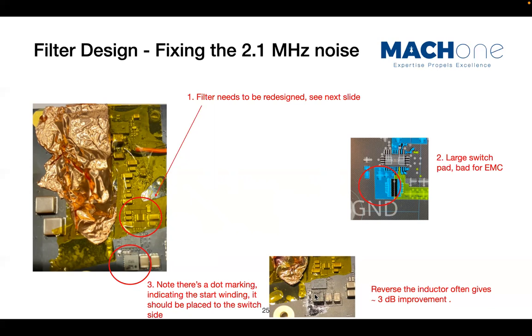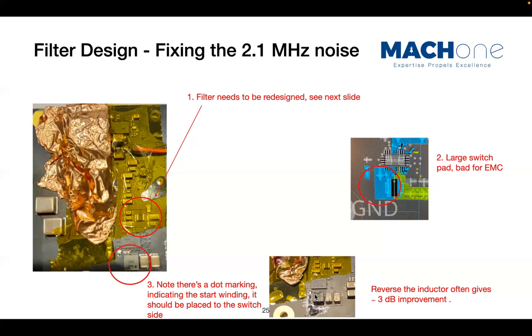You need to place that dot on the switch node, because that's where the winding starts, and then you wind the inductor. So the outer layer of the inductor shields the inner winding, which provides some kind of electric field shielding capability.